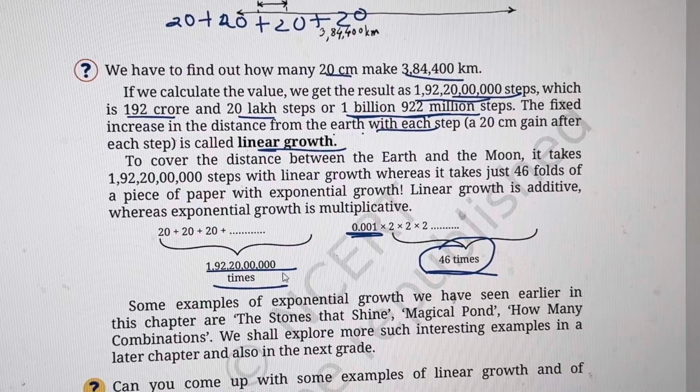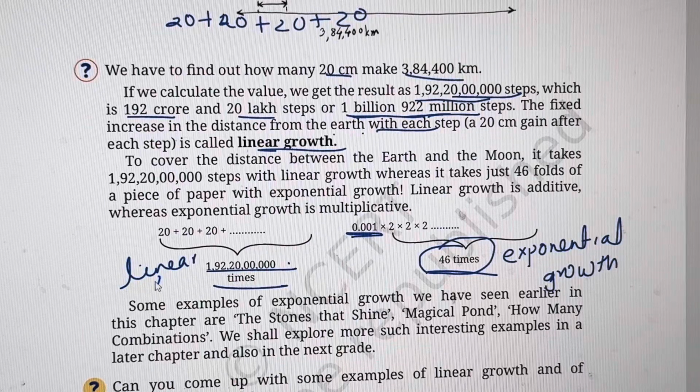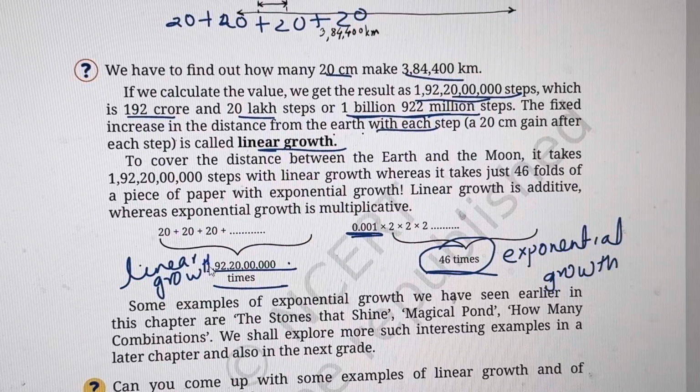So see the difference between a linear growth and this exponential growth. This is the power of exponential growth. And this is linear growth. Right? So in life, always aim for exponential growth. Some examples of exponential growth we have learned earlier.